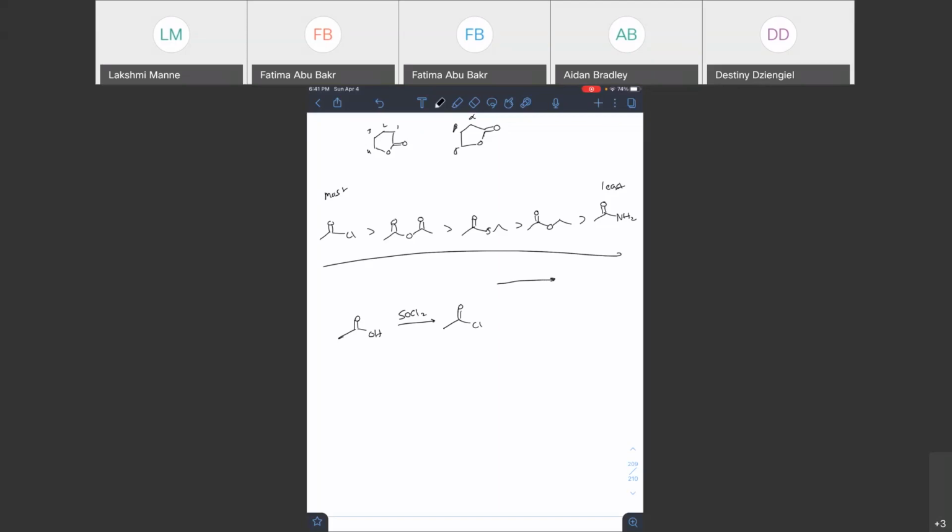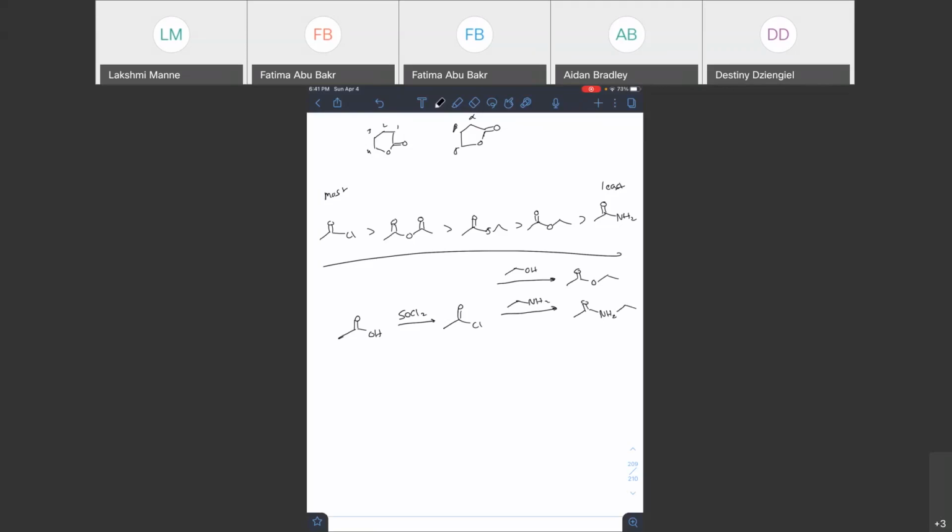So an acyl chloride reacting with, what do you call it, an alcohol can give us this. So this is this one right here. We're talking about how to derive each of these. And then also if we go from the acyl chloride and we use this NH, it's very similar. All it does is it gives us this.